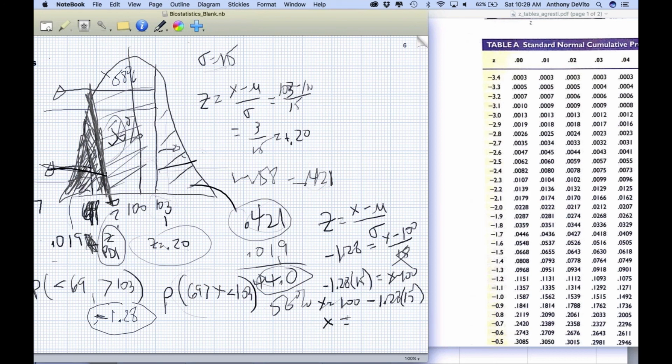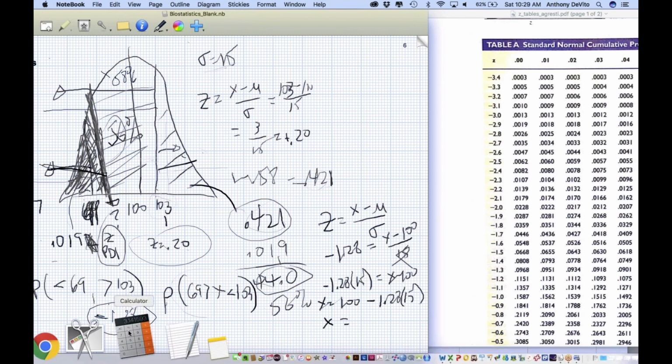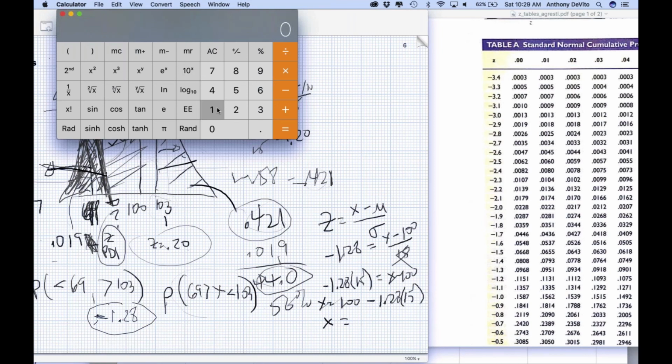What does that equal? So 1.28 times 15 is 19.2. I'm going to clear memory. Oh no, I messed that up.